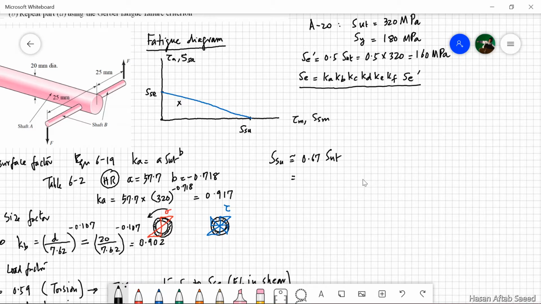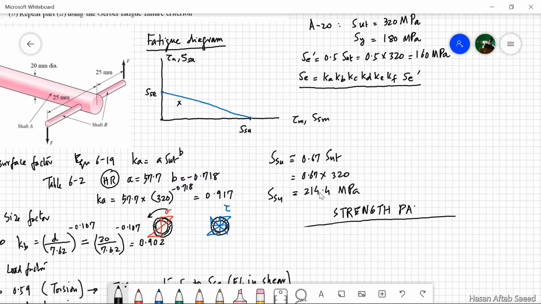So 0.67 into SUT was 320, so SSU becomes 214.4 megapascals. So this takes care of the strength part. Now we need to see the stress part because we have to plot the point.